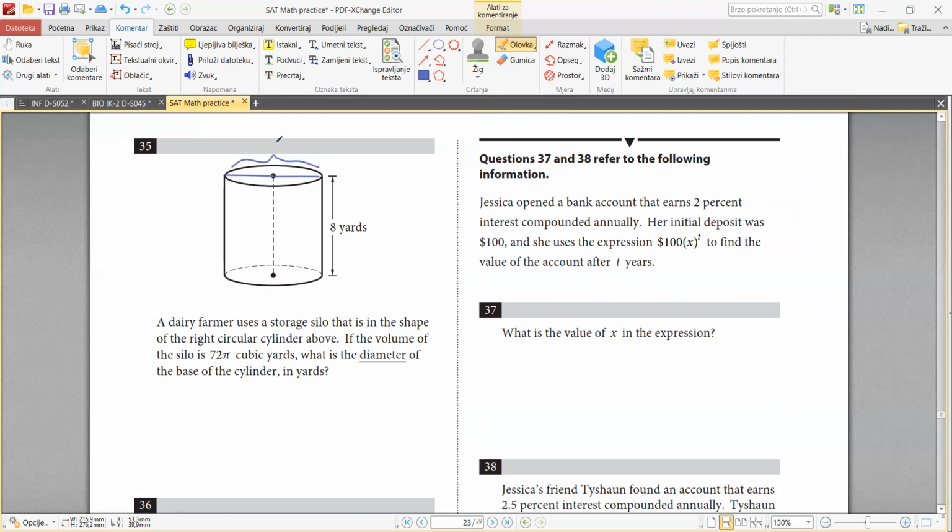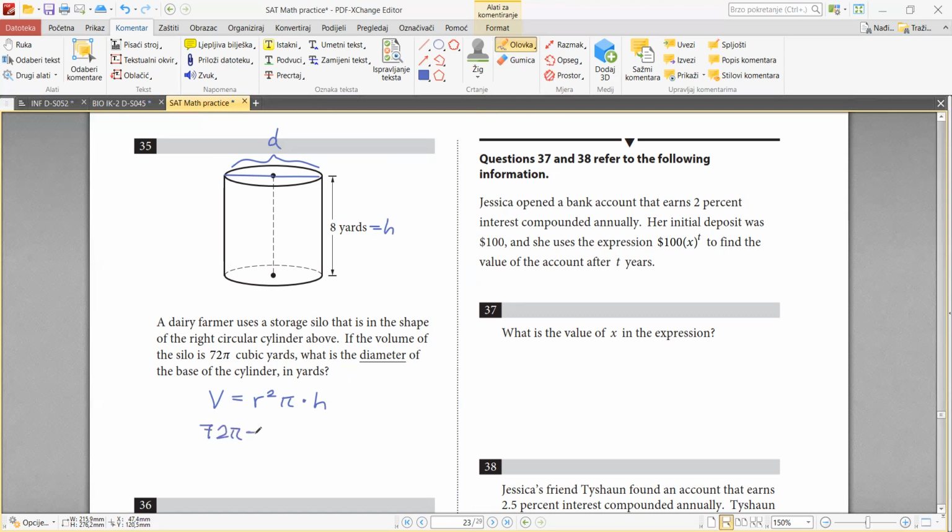So we need diameter D. Volume of a cylinder is calculated as r² pi times the height of the cylinder. So this is the height, 8 yards.